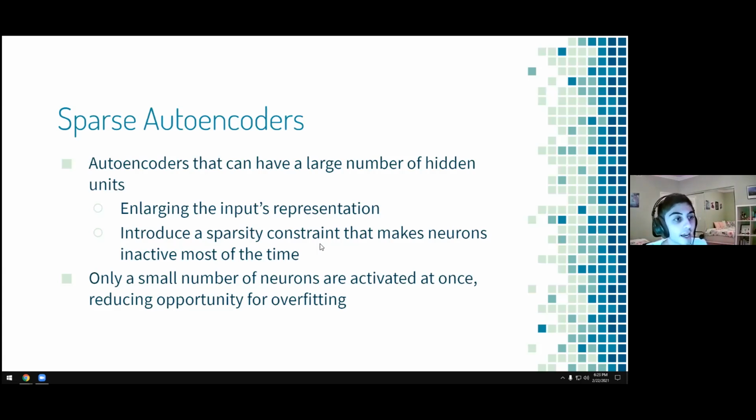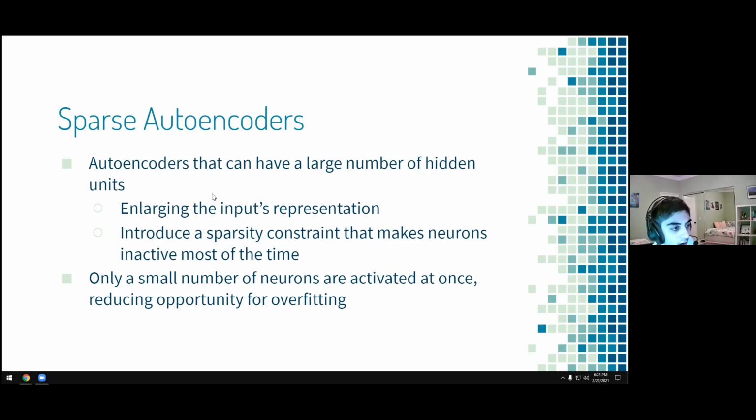If we don't do any regularization and don't put any restraints on the network to prevent it from just memorizing the data we give it, instead of learning higher level features, it's just going to memorize the data. That's going to result in overfitting, and we're not actually learning what we want to learn. We're just learning a copy network.